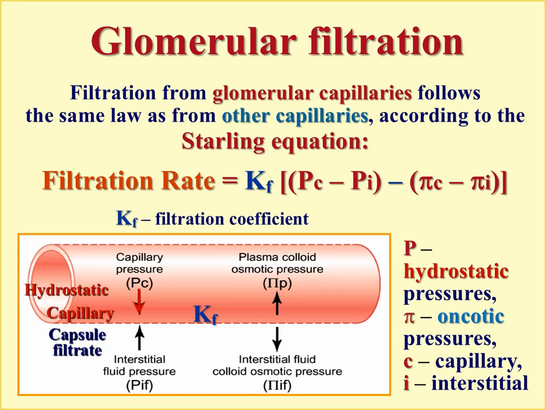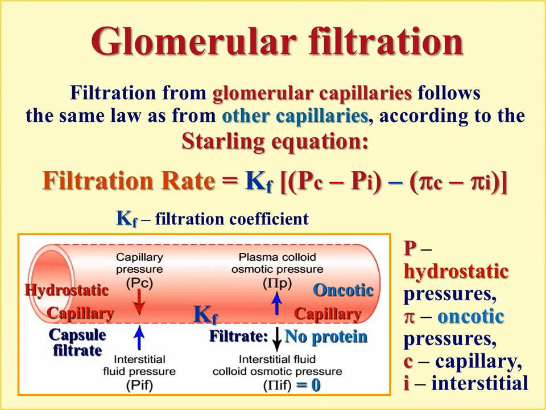These two pressures are opposite to each other. Then we have the oncotic or colloidosmotic blood pressure, which is directed inside the capillary, and there is no oncotic pressure in the filtered fluid because filtrate does not contain proteins. No protein, pressure is zero.